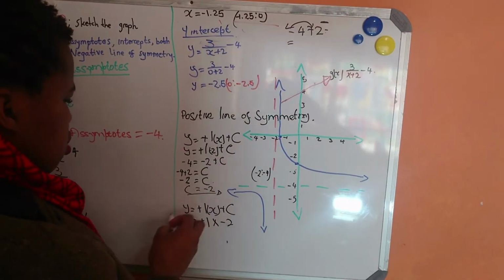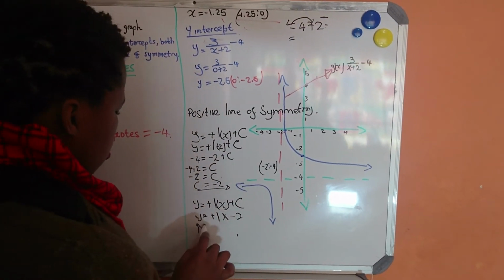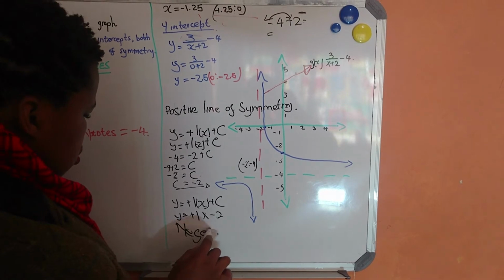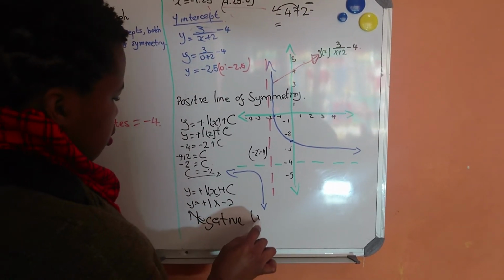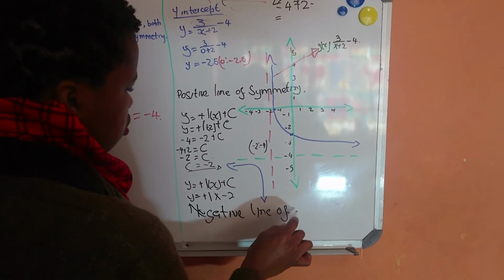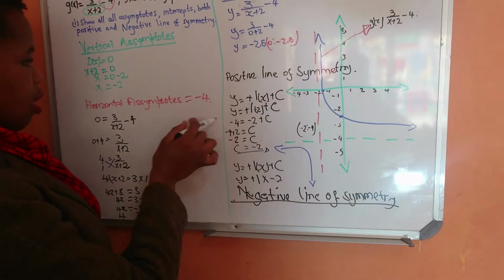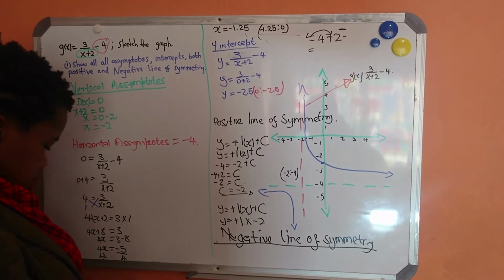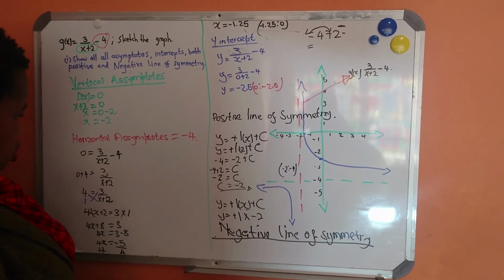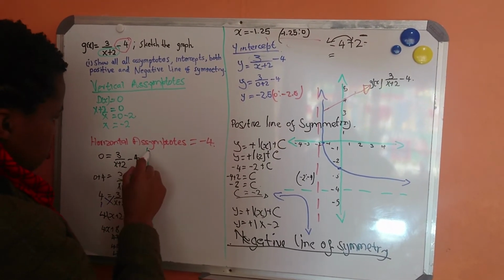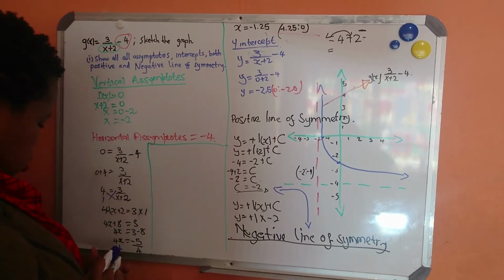Nancy, line yethu ye-symmetry le songo siyaphezulu ku-negative. Yes, negative line of symmetry. So say again, negative line of symmetry. Okay. So ngicela uyibhalapha. Draw line. Okay.